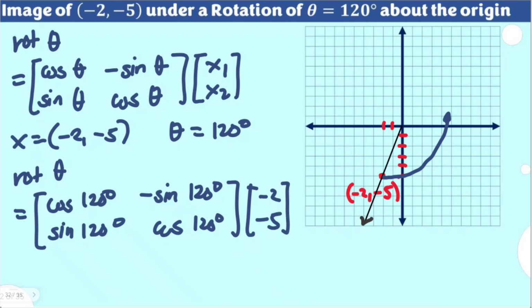Just a rough estimate, we would be expecting that our image is in the first or fourth quadrant. So we expect x to be positive and y could be either positive or negative. But in this case, I believe it's positive because the rotation is 120 degrees, and this is just 90. So we're expecting the terminal side to be in the first quadrant. Anyway, let's continue.